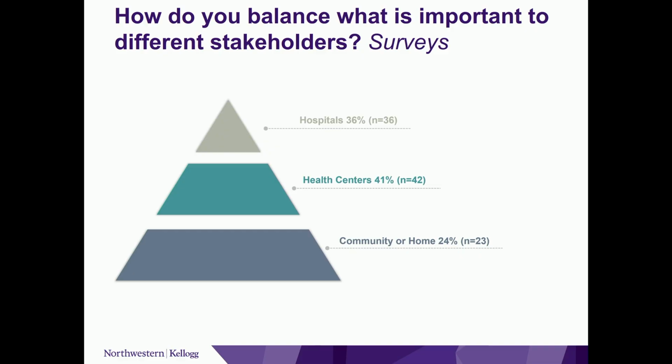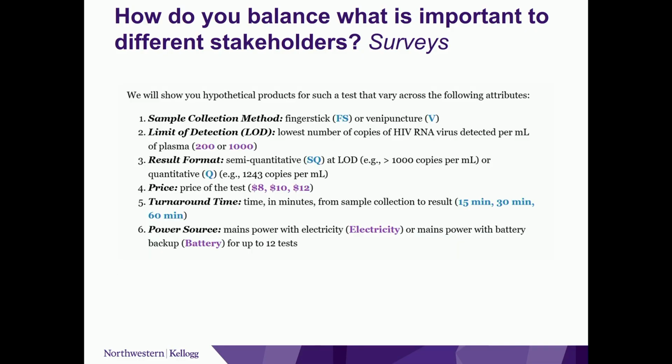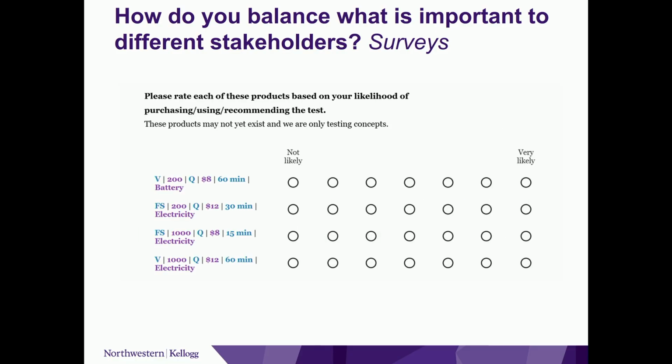We then created some hypothetical products based on 6 attributes and different levels of those attributes. So we basically generated, you can generate random products that you put in front of people on surveys and ask them to rate them on a Likert score. How likely are you, very likely to use this or not likely to use this?